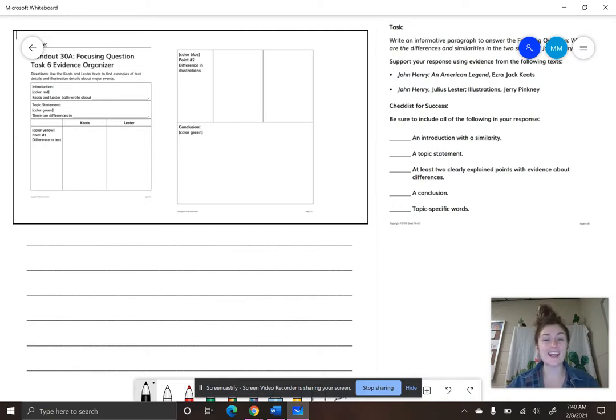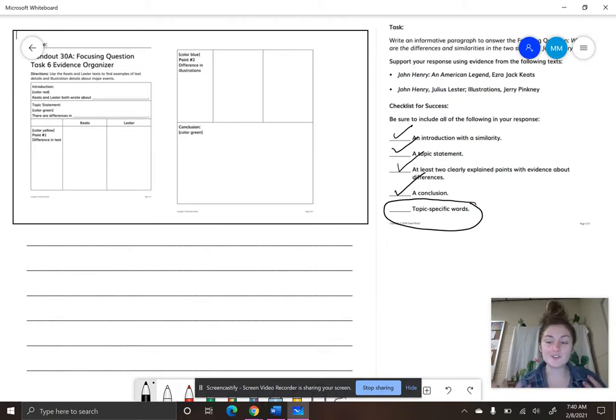We also need a conclusion and topic specific words. Okay, so we can use our evidence organizer to help us with our introduction, our topic statement, our two clearly explained points, our conclusion, and it's up to you to make sure that you use topic specific words with your writing. So let's start by looking at our introduction.